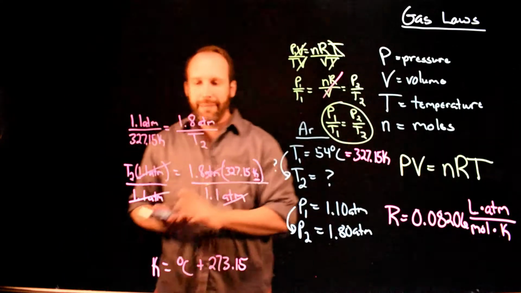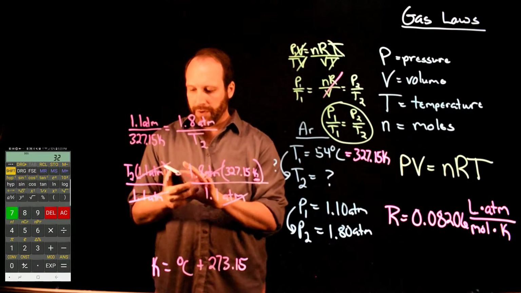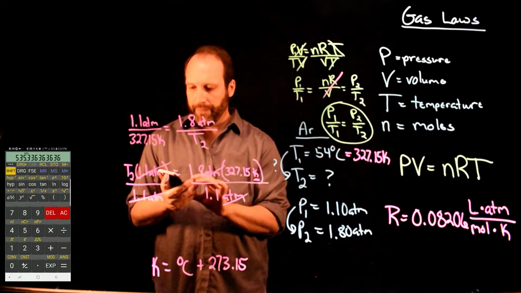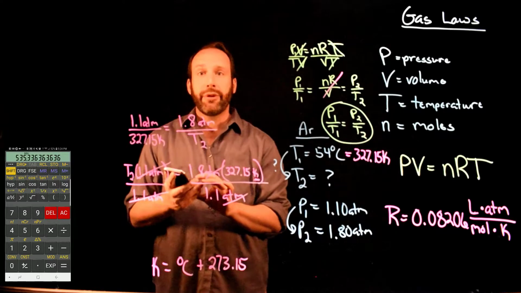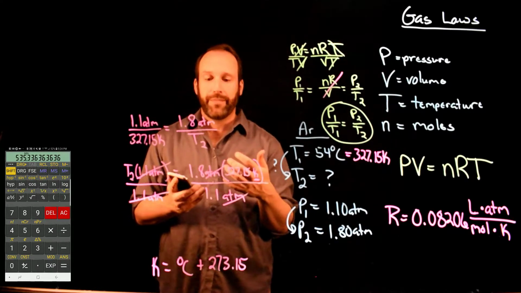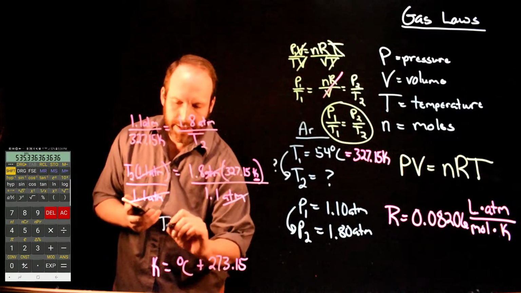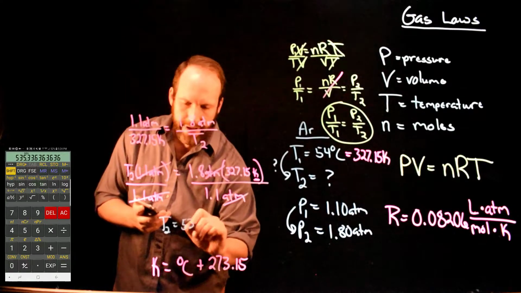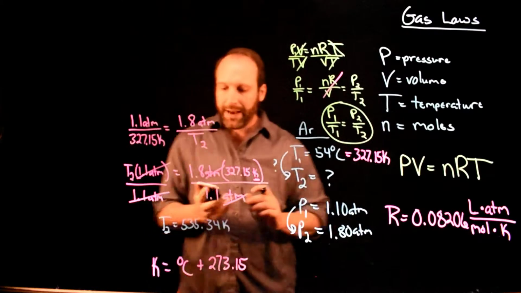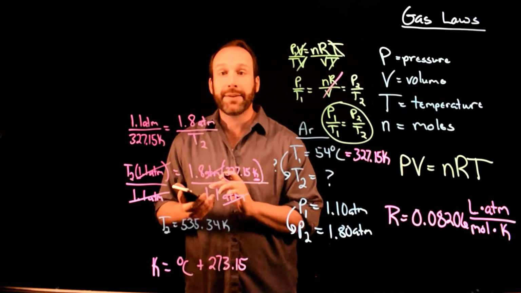So let's do that math. We'll say 1.8 times 327.15 divided by 1.1. And we end up with 535.34 Kelvin. Okay, so we've got T2 in Kelvin. I'll go ahead and write that. T2 is equal to 535.34 Kelvin.